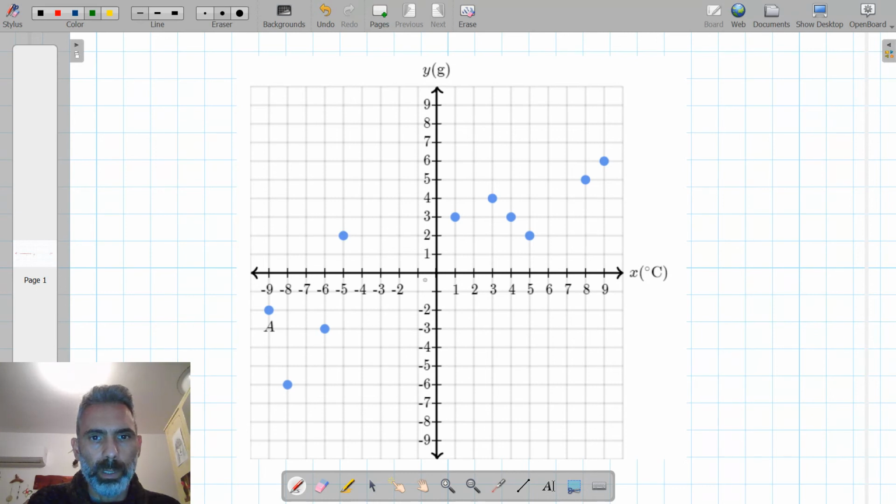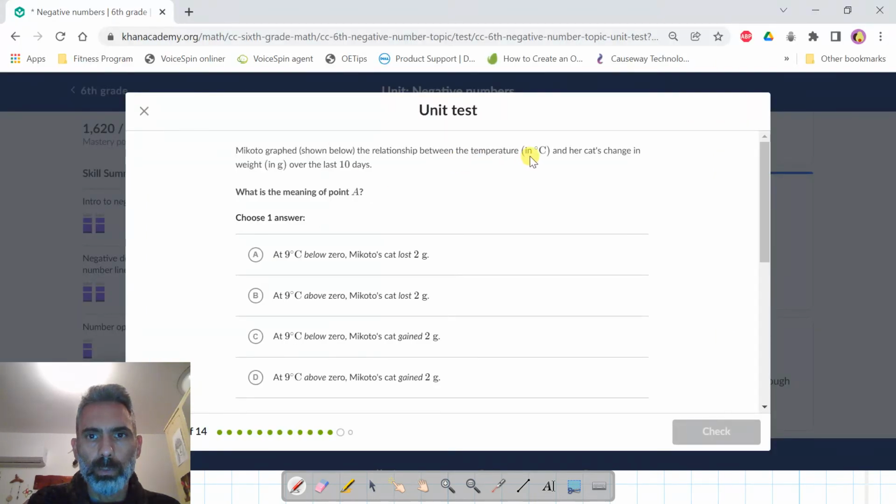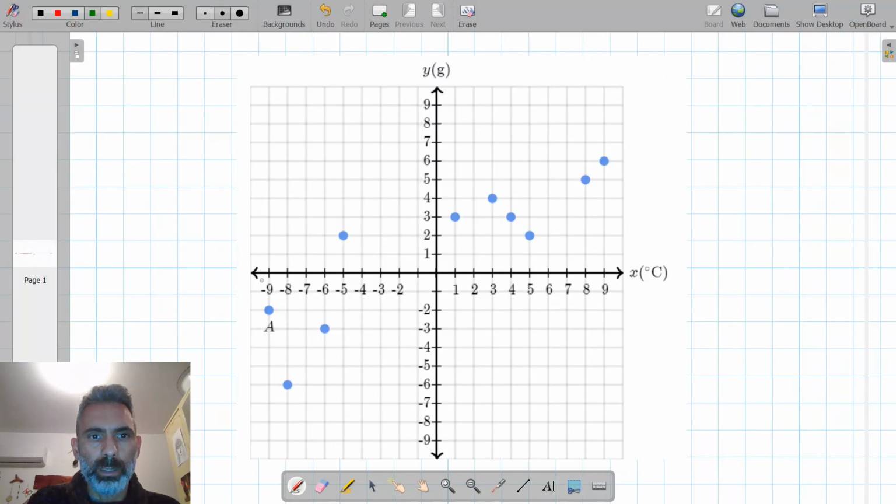So point A is negative 9 degrees Celsius. So the relationship between temperature and the cat's change in weight: when the temperature was negative 9, her cat's change was negative 2. This is in grams. We lost 2 grams.